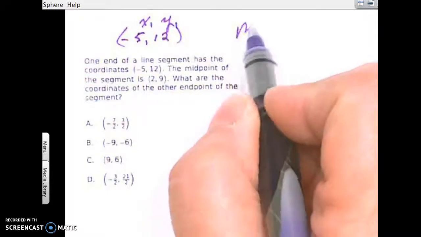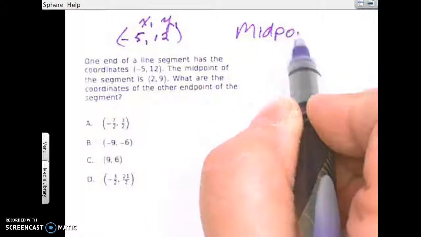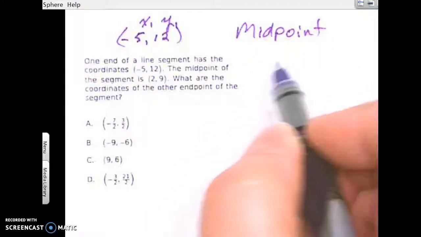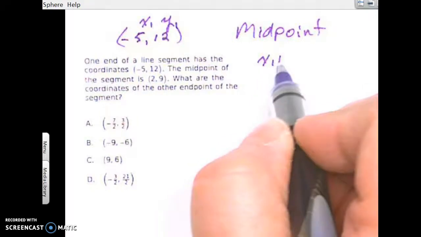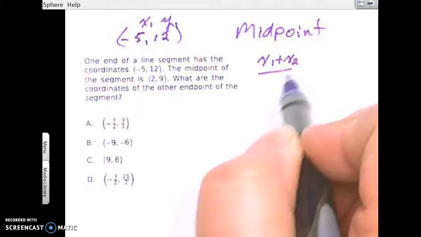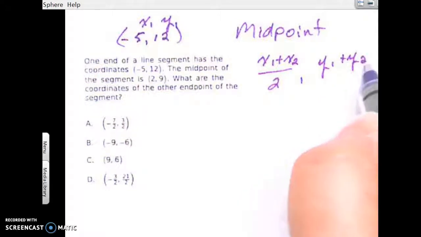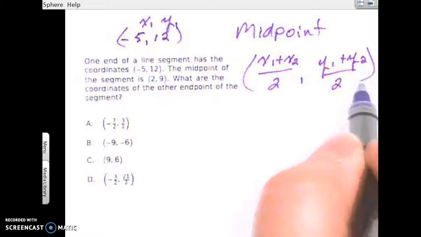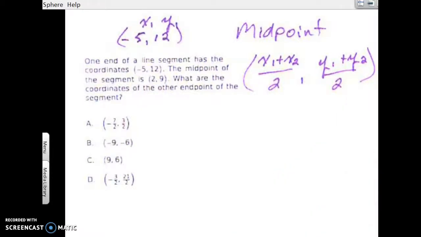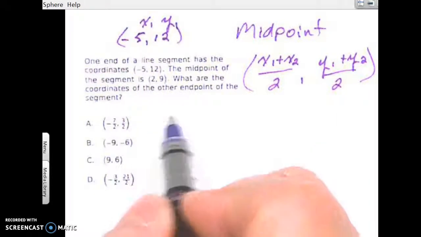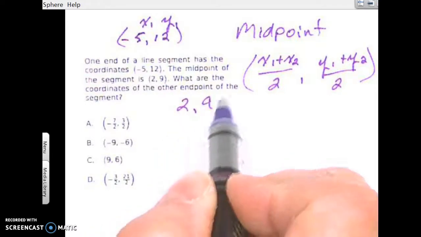My midpoint formula says that I'm going to take my x1 and x2, add them together, divide by 2, take my y1 and y2, add them together, divide by 2, and that's how I will find the midpoint. The answer I'm looking for is this point 2, 9.